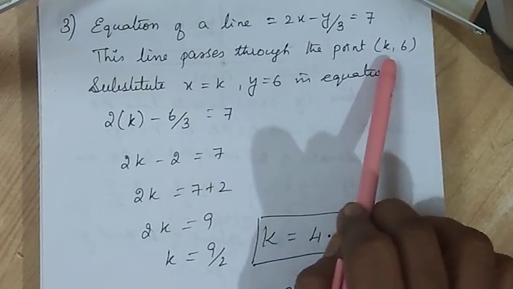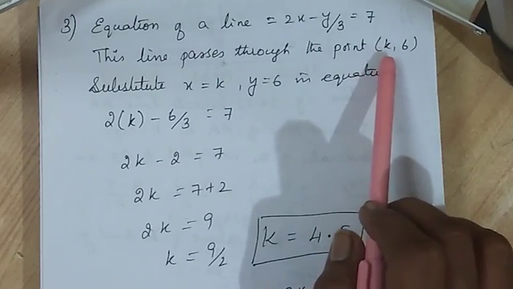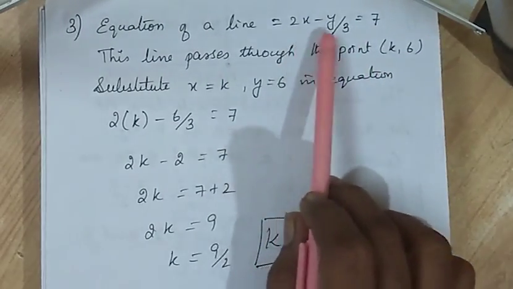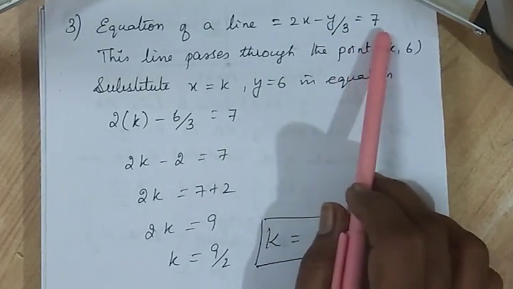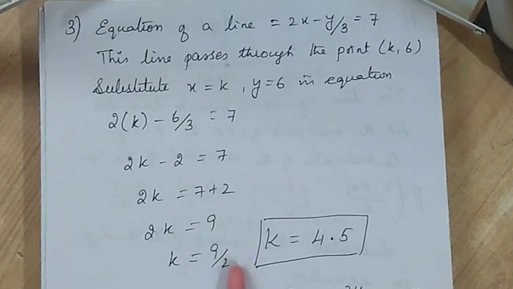Take x is equal to k and y is equal to 6. Substitute the value of x and y in the given equation 2x minus y upon 3 is equal to 7. Now solve it. You will get k is equal to 9 upon 2, that is 4.5.